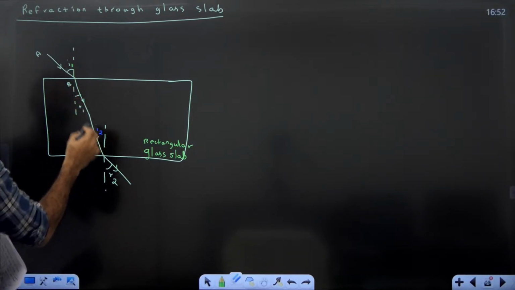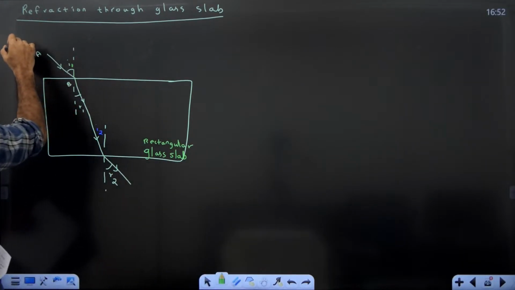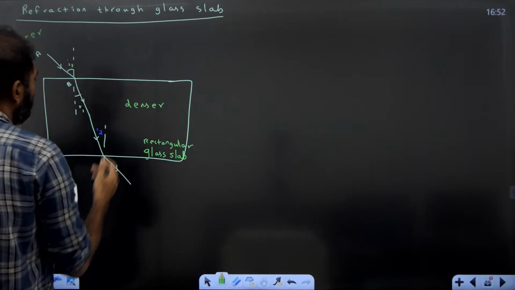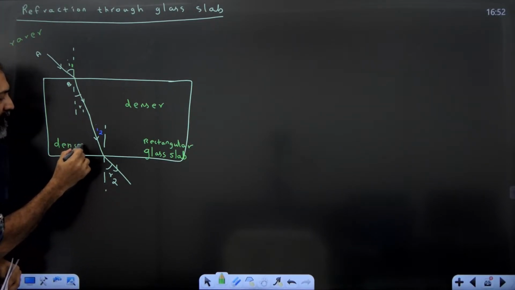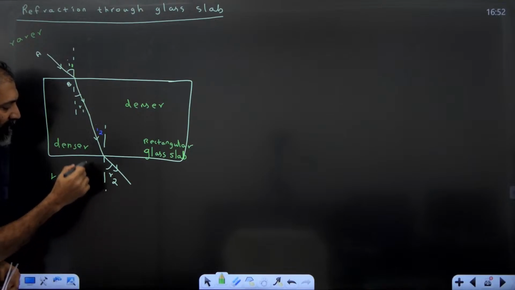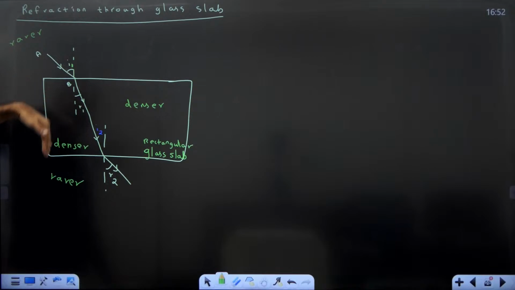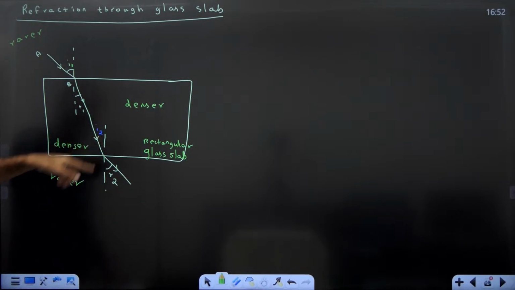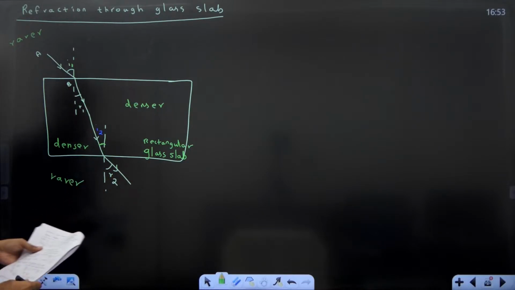Here it is the rarer medium and the slab is denser. So the light ray travels from rarer to denser. At the other side, it is traveling from denser to rarer, so that is the reason why it deviates away from the normal. Here it was rarer to denser, so it bends towards the normal. Next, the angle of incidence at the second surface is I2, and the angle of deviation is R2. Any doubt?